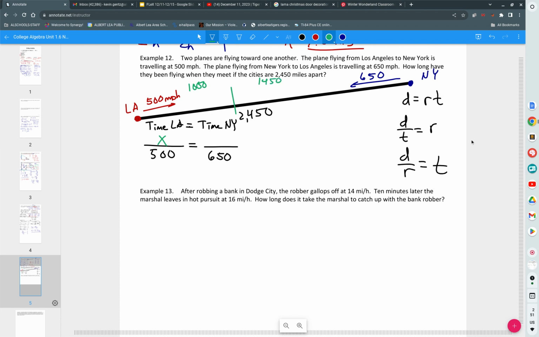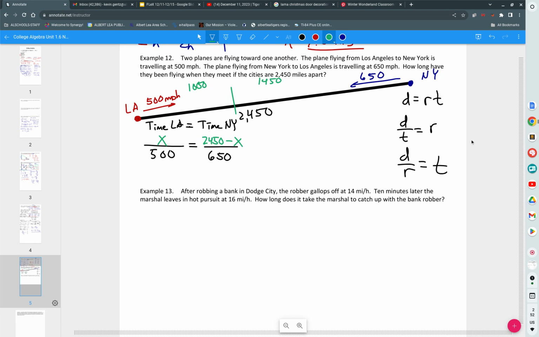Because 2,450 minus 1,000 is 1450. 2,450 minus x. Everybody see that? If that's x, that's 2,450 minus x.